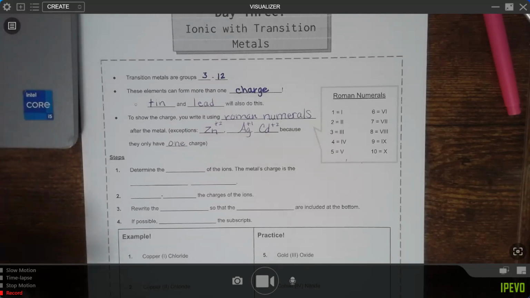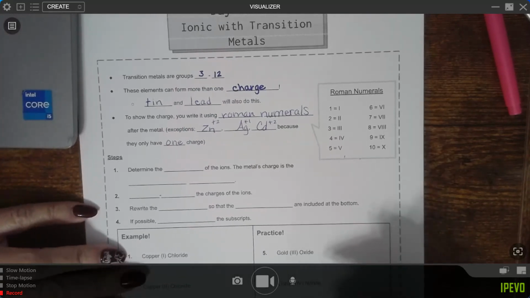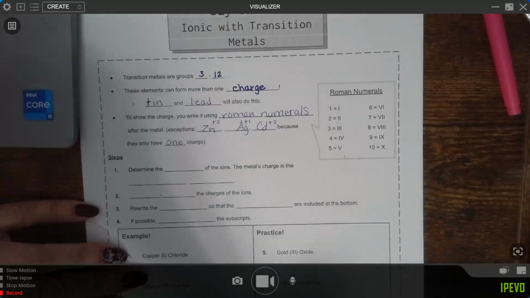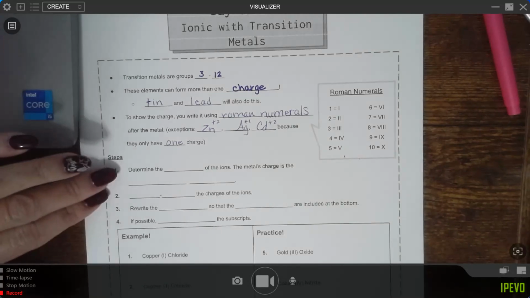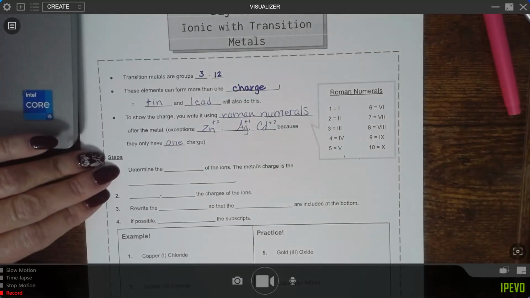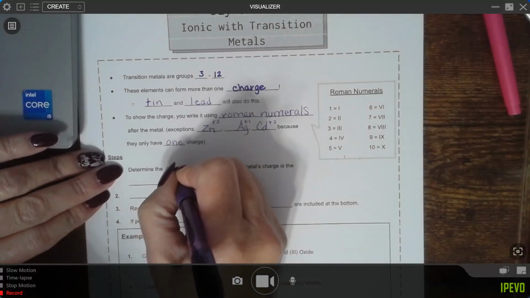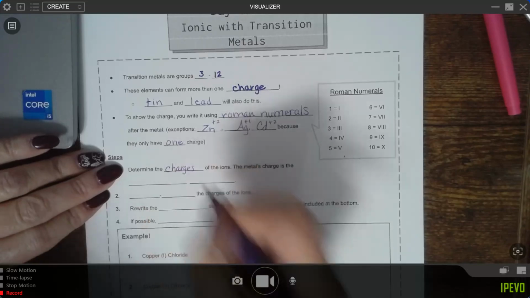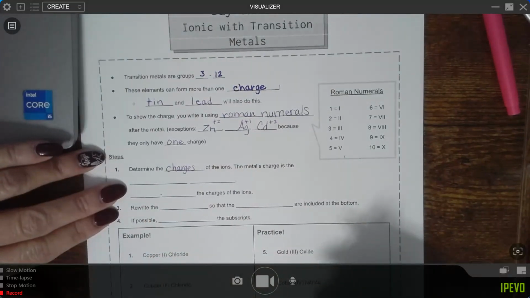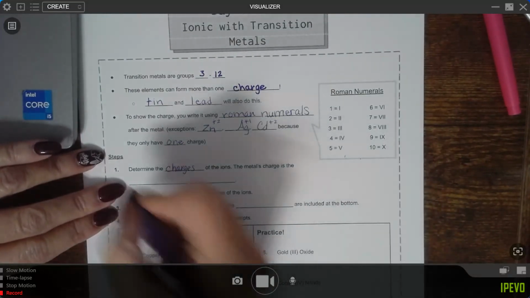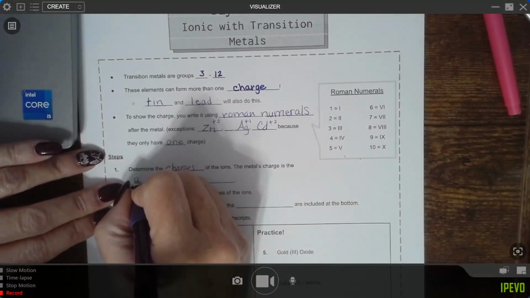So the steps to convert a name to a formula. The first thing we have to do is determine the charges of the ions. The metal's charge is the Roman numeral.